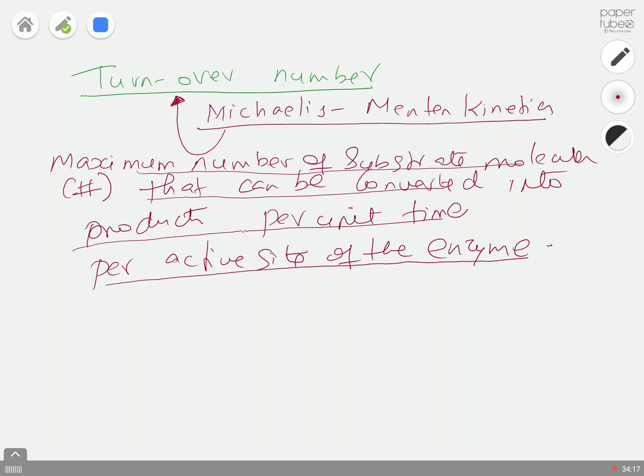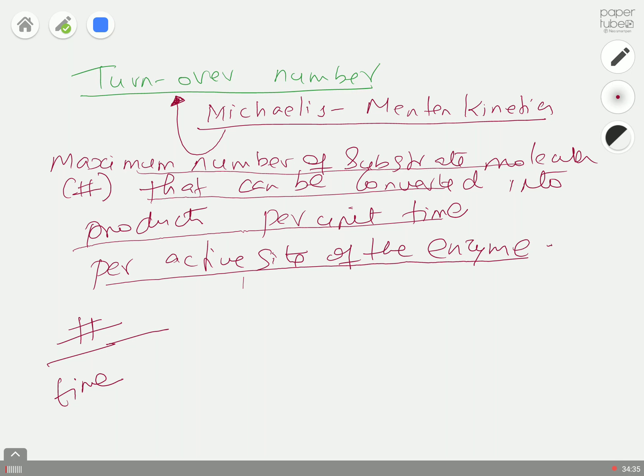So this is related to how many molecules of your substrate are converted into products per unit time per active site of the enzyme.